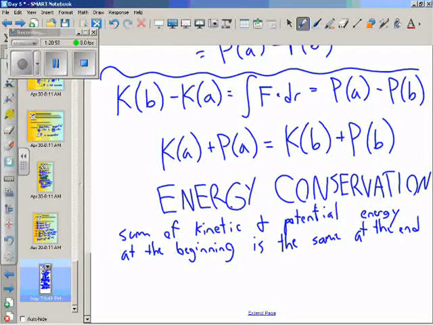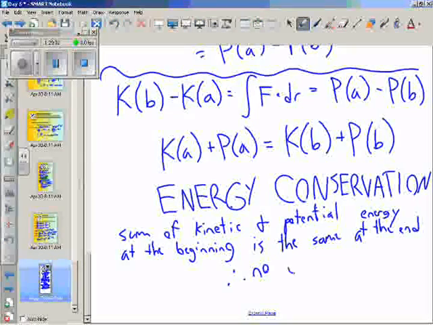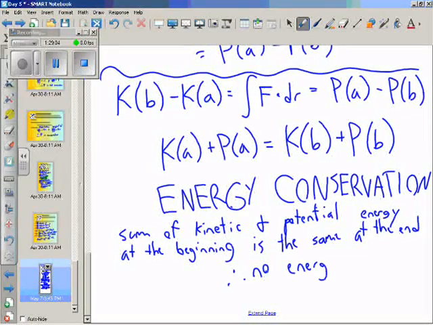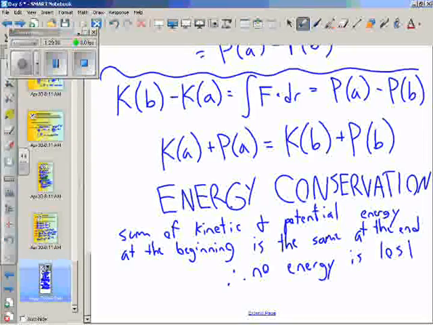No energy is lost. Okay, so we just used calculus to prove the law of conservation of energy. We used the fundamental theorem of line integrals.